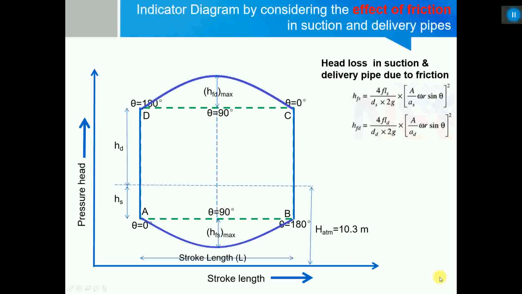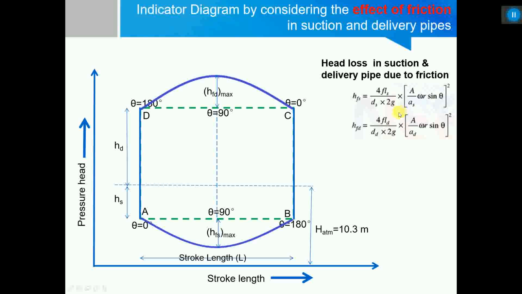We already have the formula: frictional head loss is 4FLV square by 2dg, where velocity is written as (A by a) r omega sine theta. When theta is equal to 0 and 180 degrees, this whole term becomes 0 because velocity will be 0 at the beginning and end of the suction as well as delivery stroke.